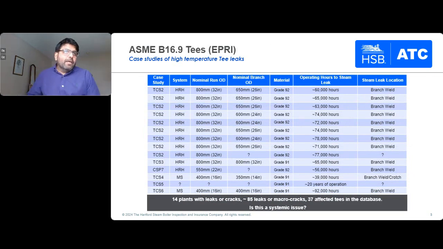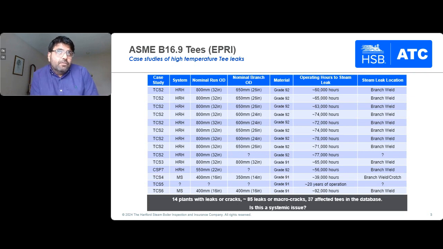Due acknowledgement to EPRI for making this slide available to us. This is basically a snapshot of those reported failures, a part of that database that EPRI is maintaining. We can see that there are several Ts reported here, mostly grade 92 and grade 91 materials.